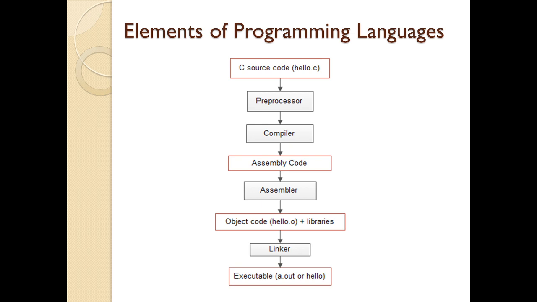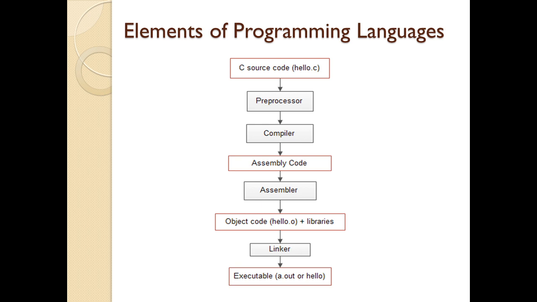To execute application software with the help of system software in the operating system, some basic elements are very important in programming languages. Here we are taking an example of a C program, hello.c.